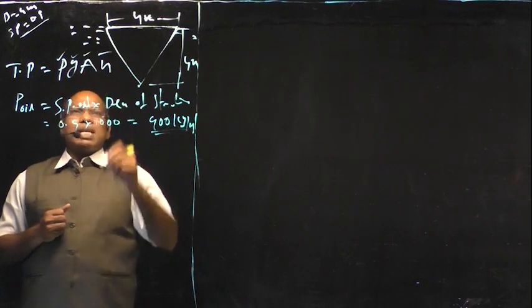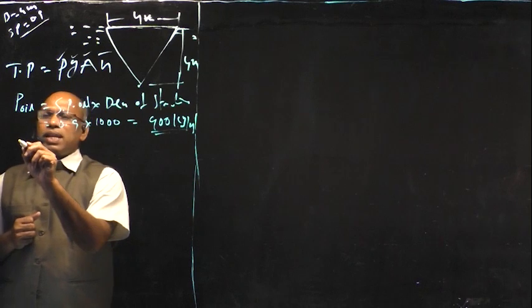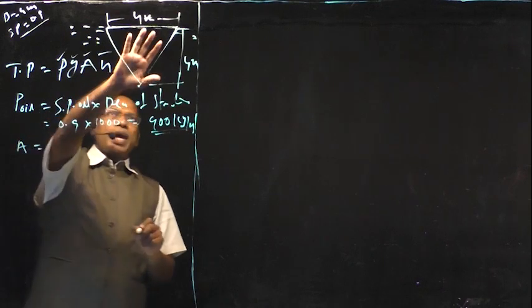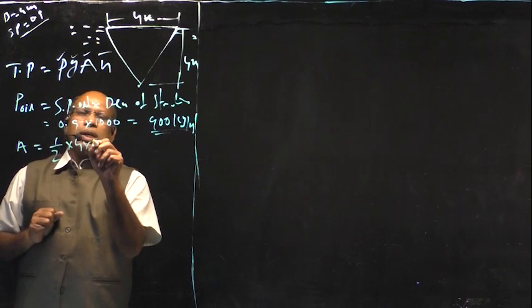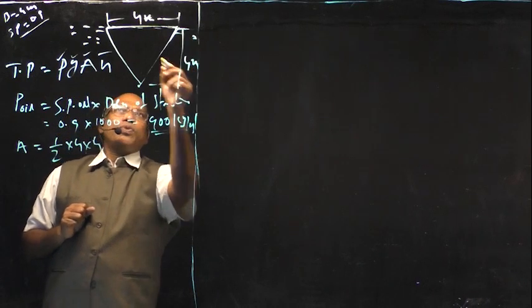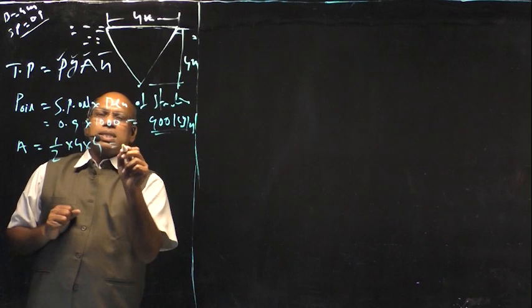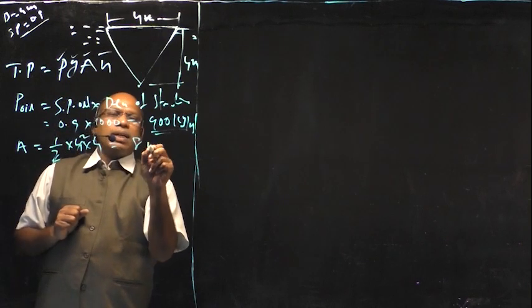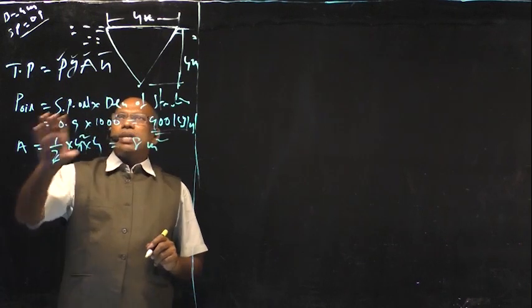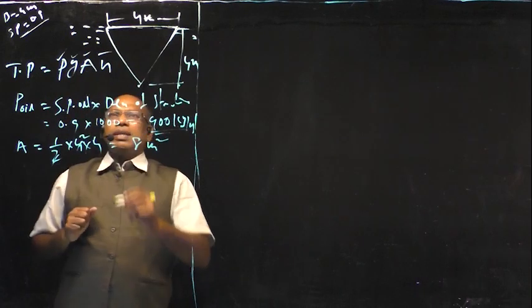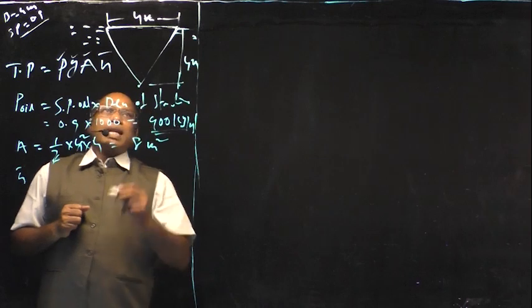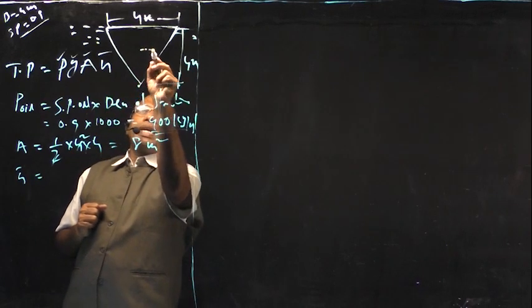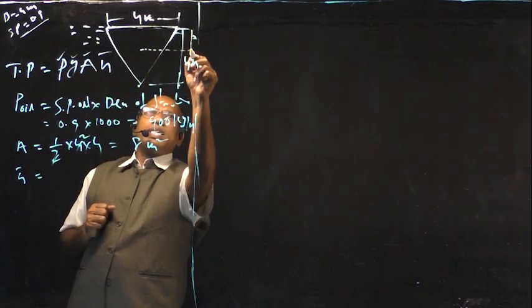A equal to cross sectional area. This is the triangle, so A is equal to half into 4 into 4. This depth is 4, base is also 4. This is equal to 8 meter square, the area of this triangle. And h bar is the distance from the CG of the triangle to the free surface.